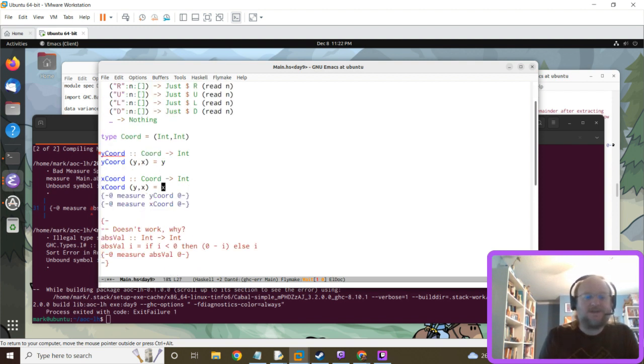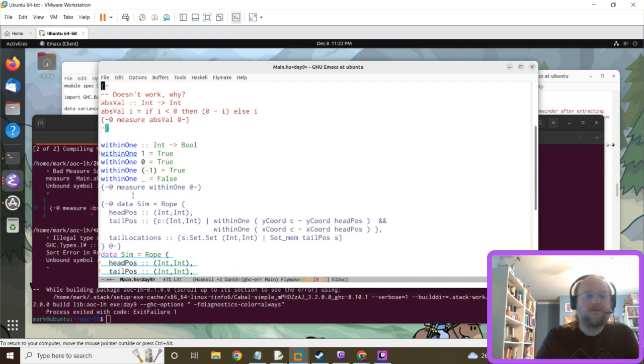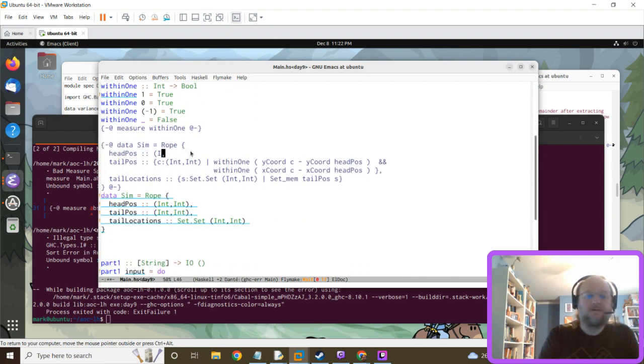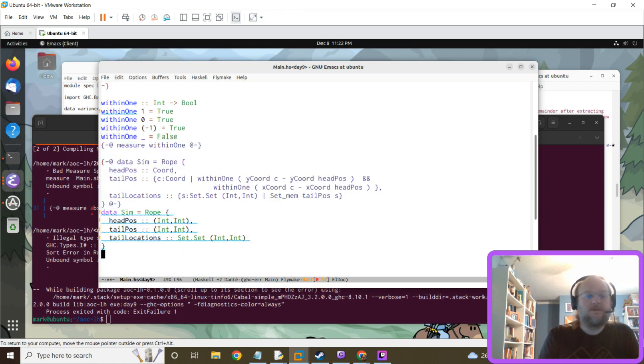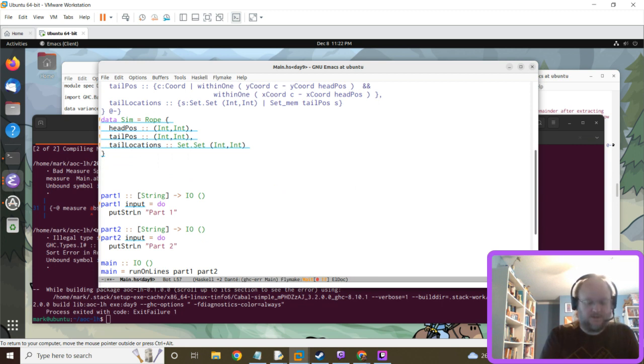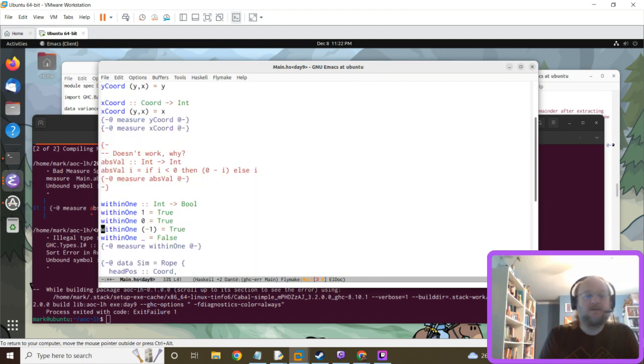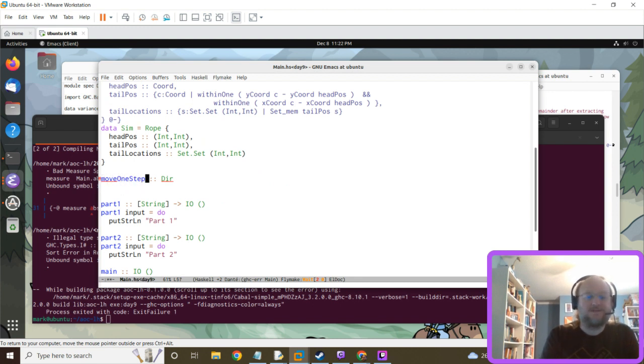So add that coords type alias after all. All right, we're going to call this move one step because we're going to have to do multiple moves.